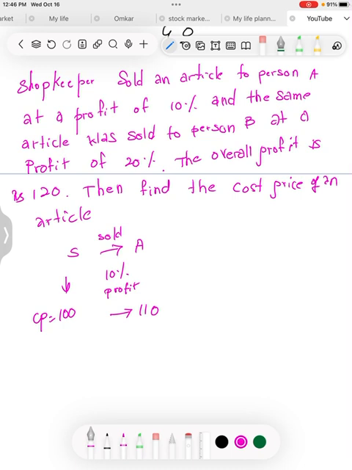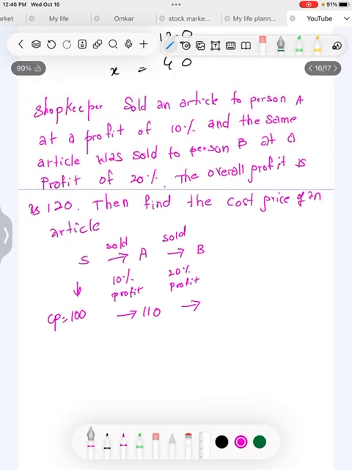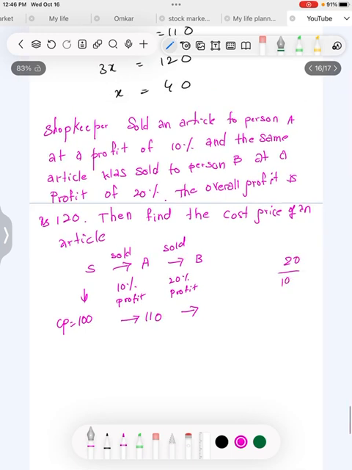Next what happened? The same article was sold to B at a profit of 20%, right? Don't get confused. So what is 20% of 110? You can do a small calculation, which is 22. We can just add the 22 on.